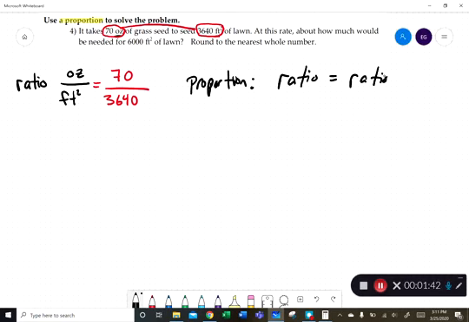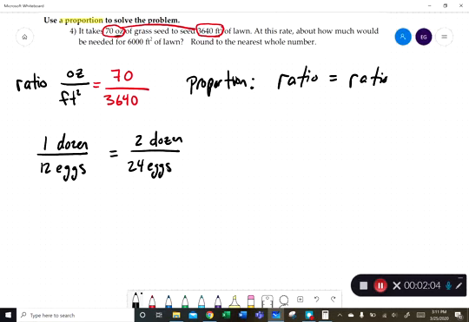For example, we know that 1 dozen is equal to 12 eggs, and if that's true, we know that 2 dozen is equal to 24 eggs. On the left-hand side of the equation, this is a ratio, and on the right-hand side, this is another ratio. When you say that these two are equal to each other, that is a proportion.